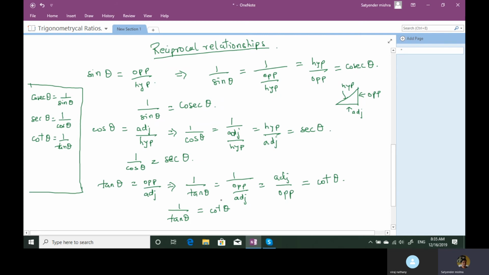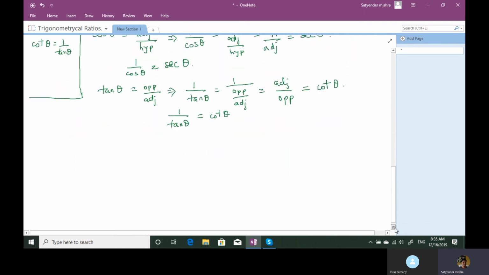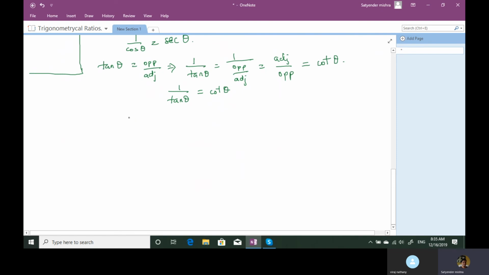So next relationship is called quotient relationship. Quotient relations. So let's draw the triangle here.